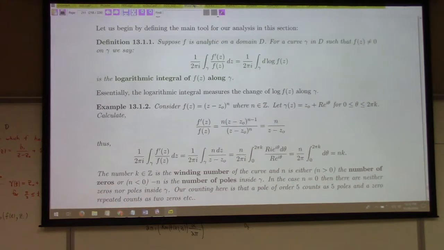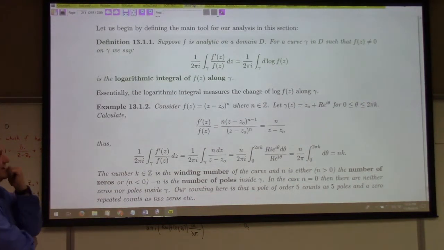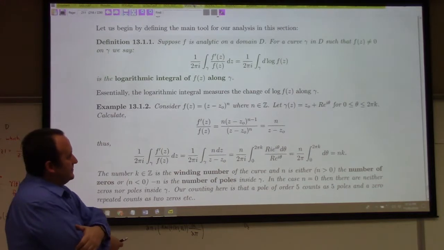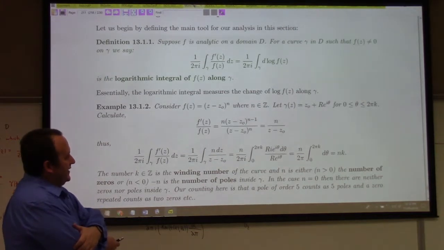Here's an example. Let's look at f of z equals z minus z naught to the n. I actually integrated not over a circle, but what is this?